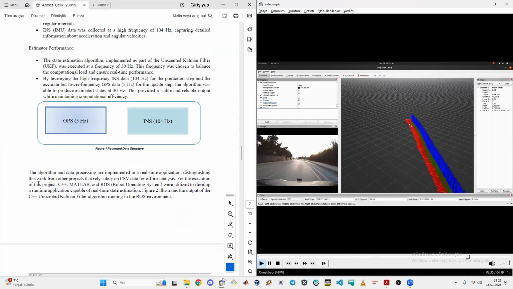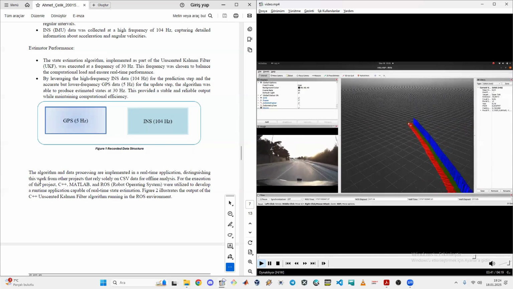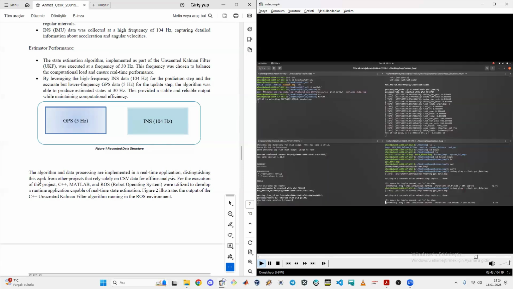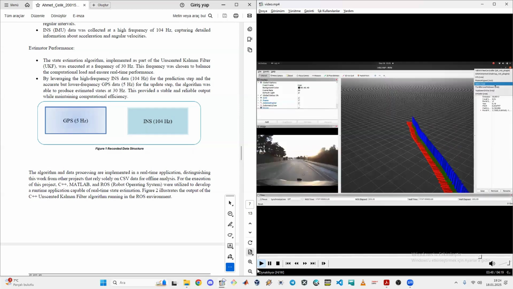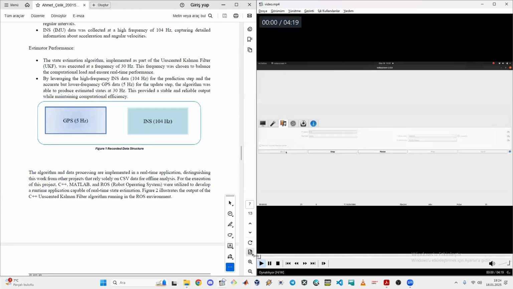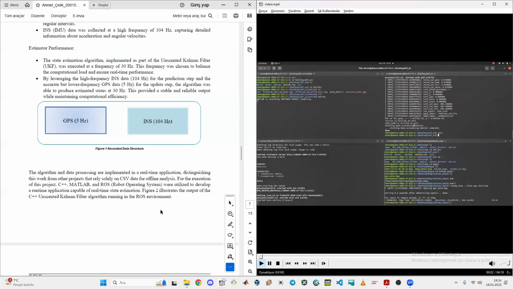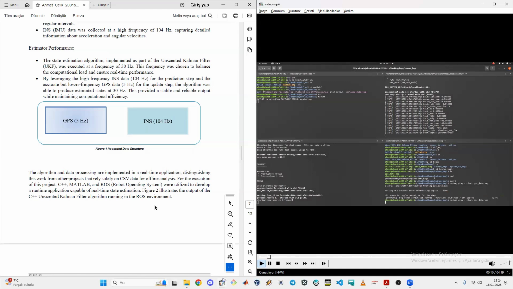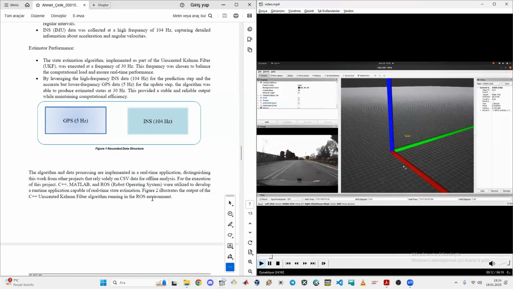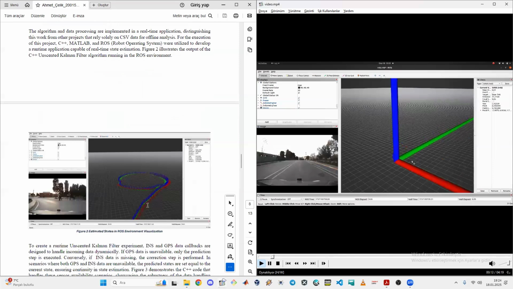The algorithm and data processing are implemented in a real-time application, distinguishing this work from other projects that rely solely on CSV data for offline analysis. We have run our algorithm in runtime, which differs from other offline projects that read data from the CSV and then run the algorithm.